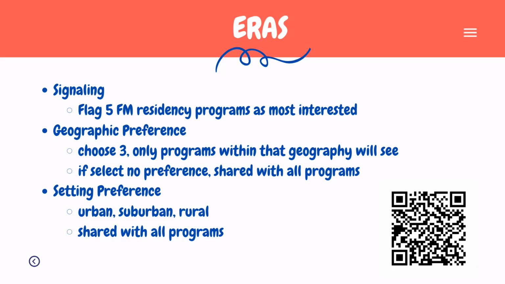I heard it's like a blank that they see. Correct. It's like they don't get anything. So if you choose the Northeast, the West Coast doesn't get anything. But they can't necessarily assume they know that you did not choose the West Coast. They also know that you did not choose no preference.